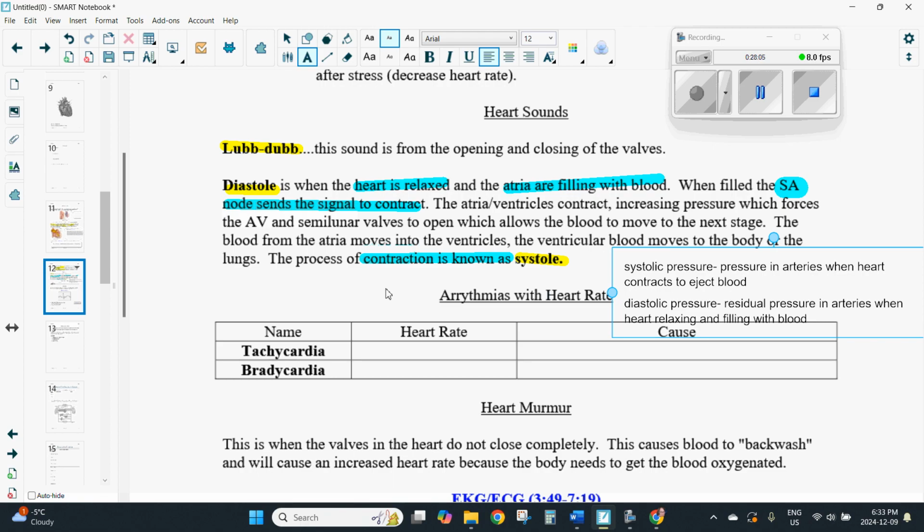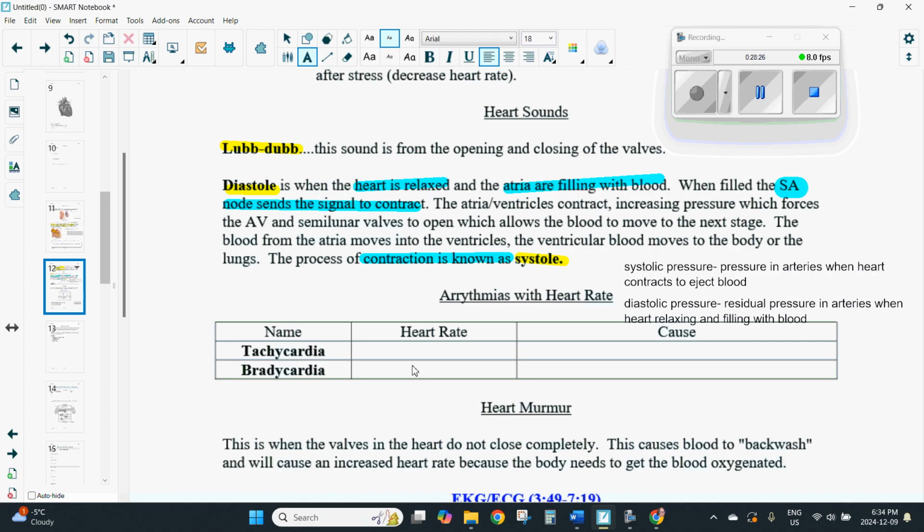So, tachycardia and bradycardia. Tachycardia, you may hear some doctors call it tachy, is when the heart rate is too high. Heart rate is basically the number of beats per minute.